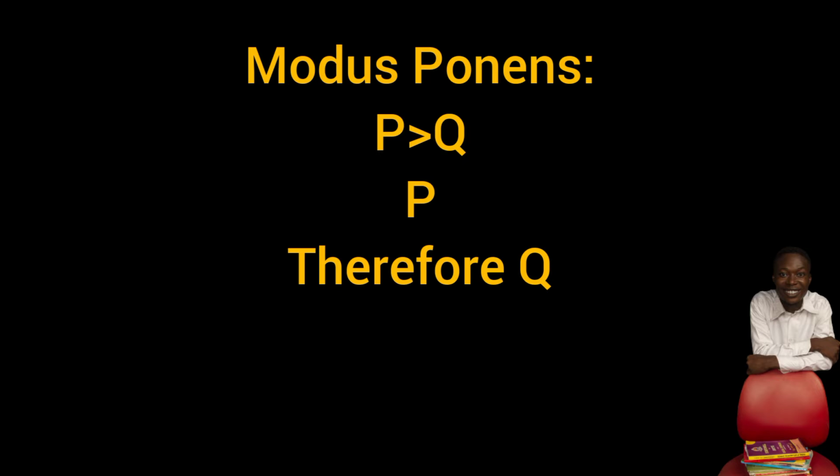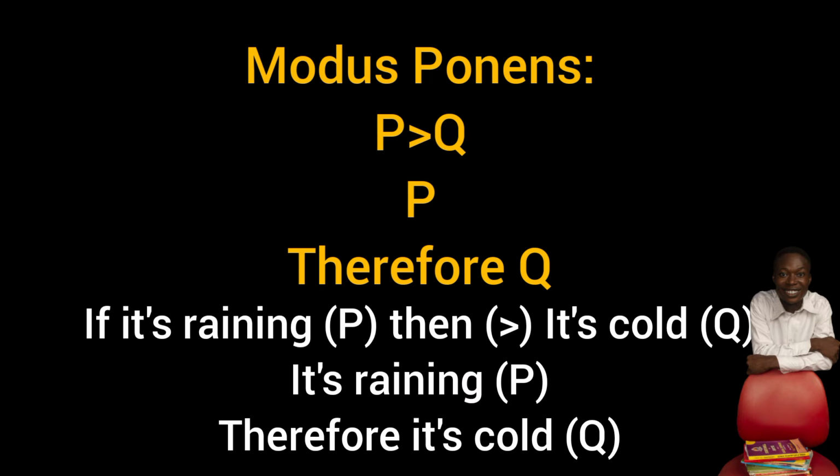P implies Q, P, therefore Q. We can say P implies Q means if it is raining, that is P, then it is cold, that is Q. Now P means it is raining, therefore Q, which means it is cold. I hope we get that.